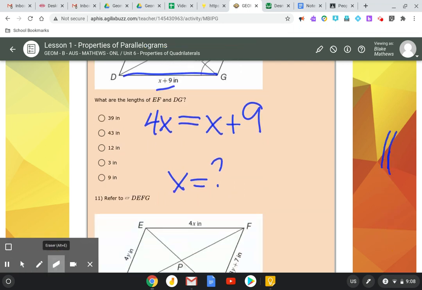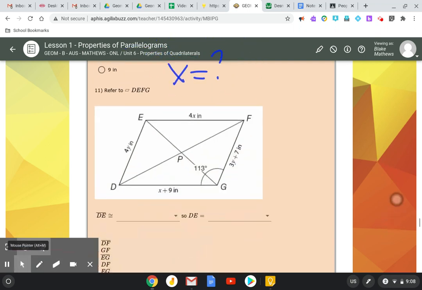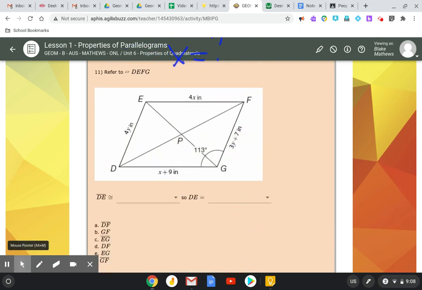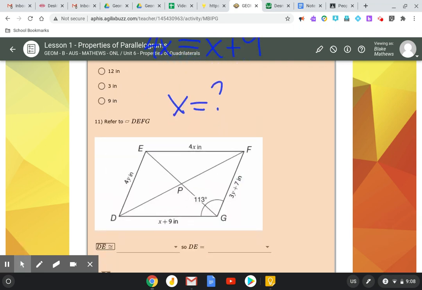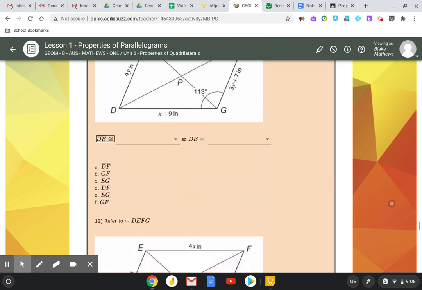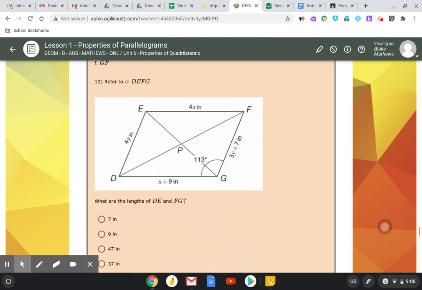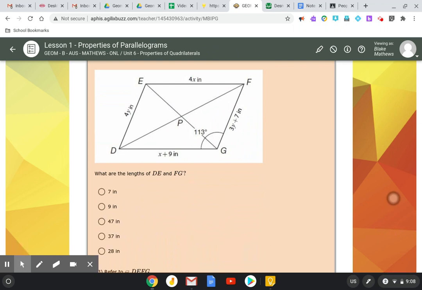All right. I'm just going to help get you started on all these problems. Similar number 11, you do not need any information except to know what is congruent to DE. You should be able to get that easily based on the examples I gave you. What are the lengths of DE and FG?